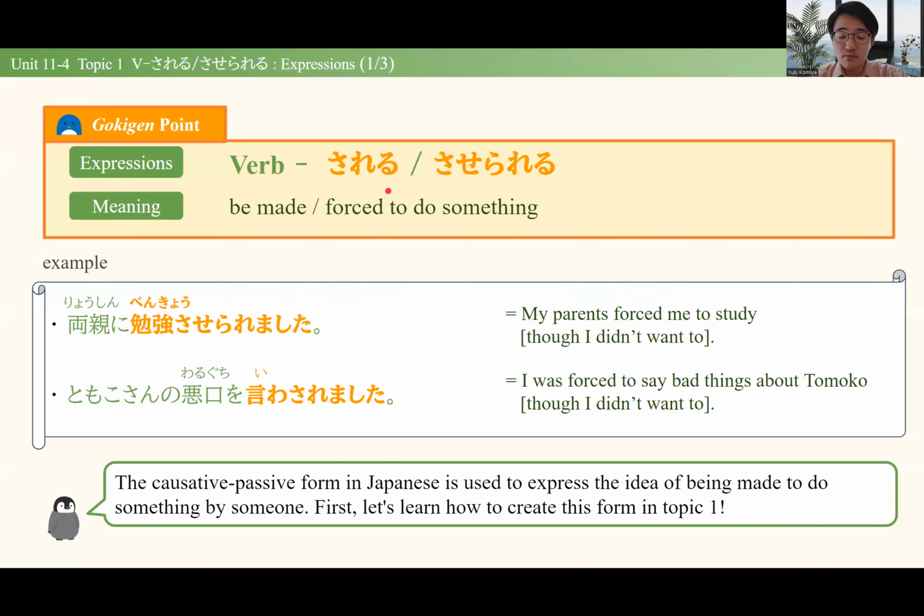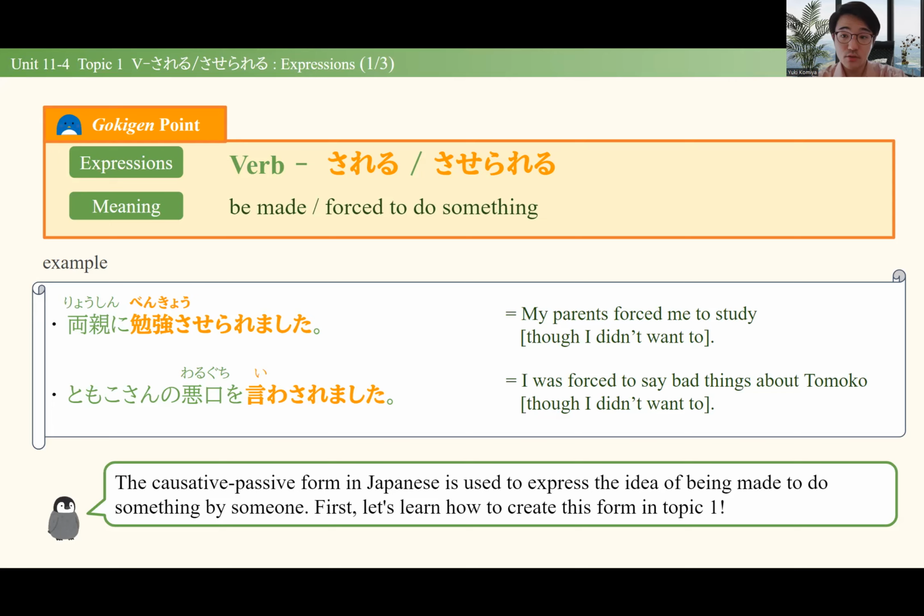So causative passive, we're going to learn the conjugation first, but the basic structure is verb. Basically, the ending is される or させられる. The meaning is be made to do something, forced to do. Look at the examples first. We're gonna look at the conjugation later. 両親に勉強させられました。I was made to study by my parents.